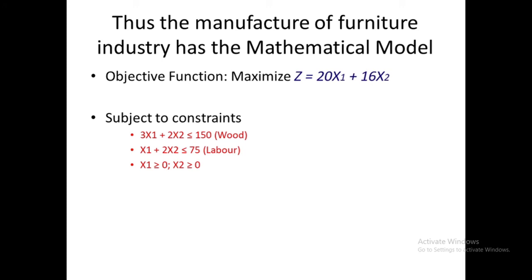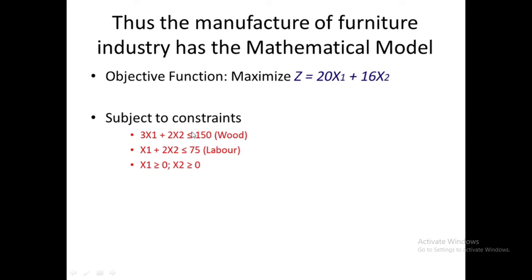Likewise, the materials are utilized for manufacturing the products, chairs and tables. Here, why do I utilize less than or equal to? Because I have 150 units of wood, I can utilize up to 150 or fewer for creating the chairs, and likewise less than or equal to 75 labor for producing the table and the chair.